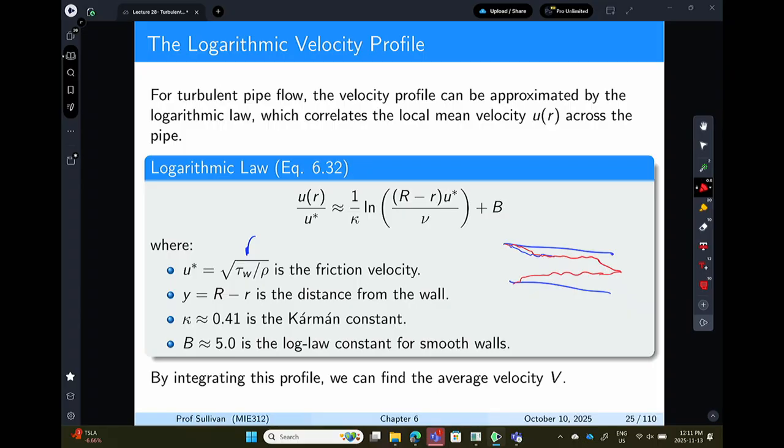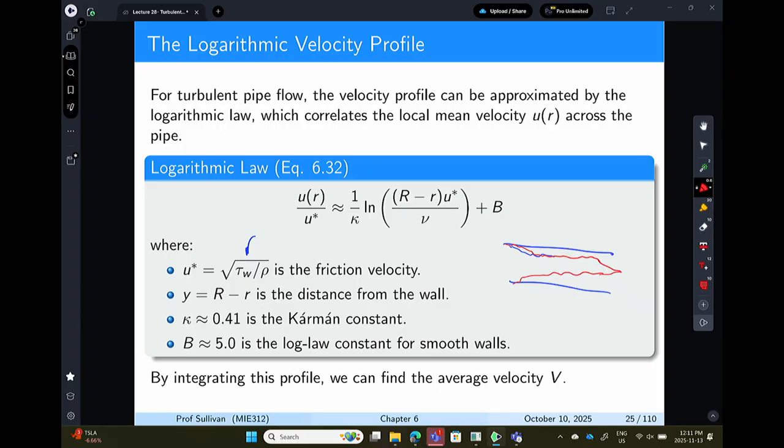When it's stopped at the wall, you have essentially a shear stress that goes as du dy in the simple case, or du dr. Y is equal to R minus r in this particular case.